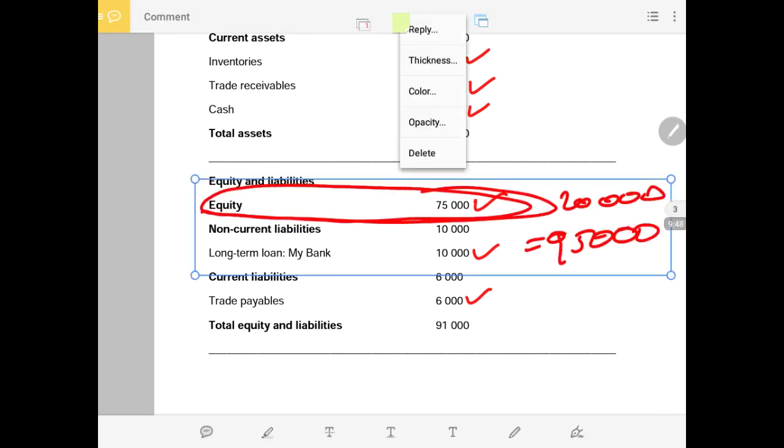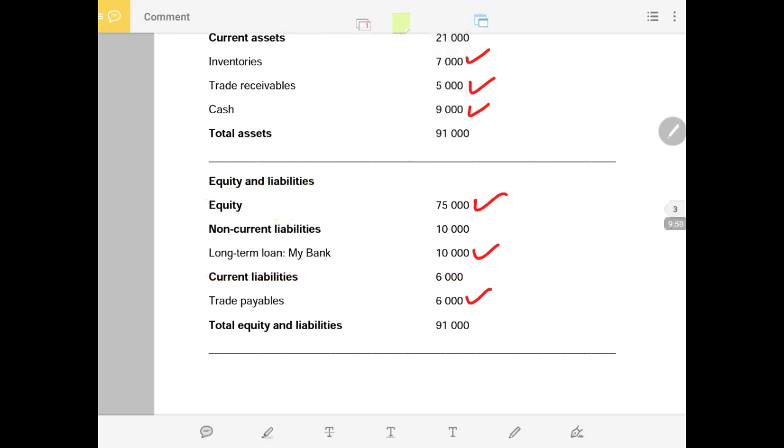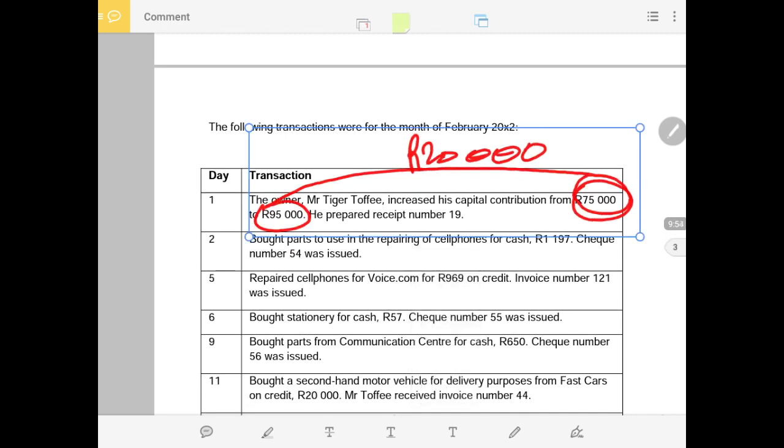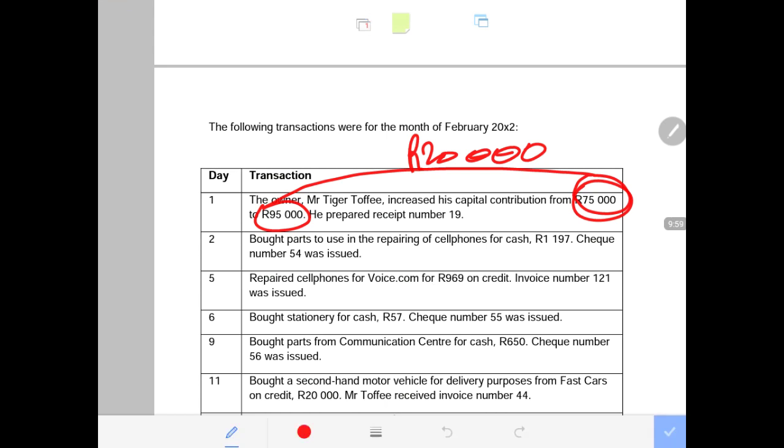So we are not recording 95,000 rands, we are not recording 75,000 rands, but we are recording the amount that he contributed during the period. So now we say it will be increasing his capital contribution. So now the capital will have to increase by the amount of 20,000 rands.